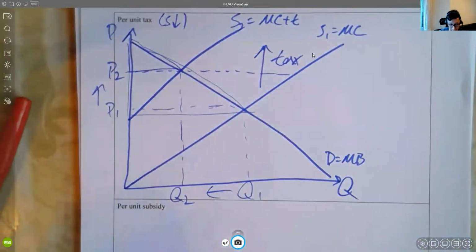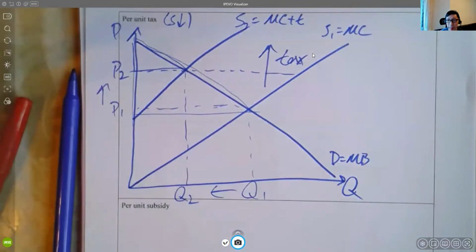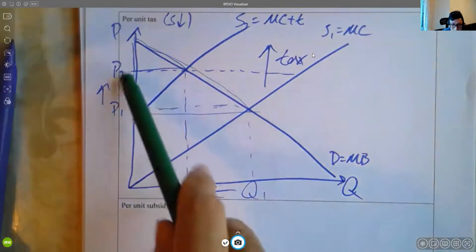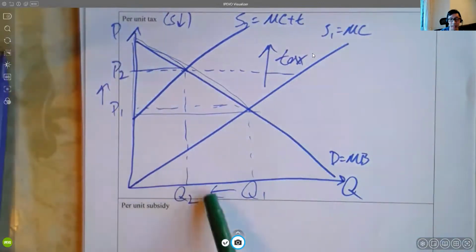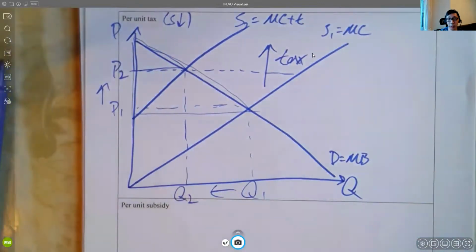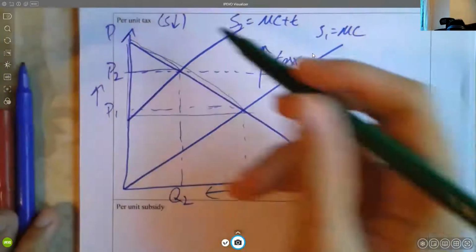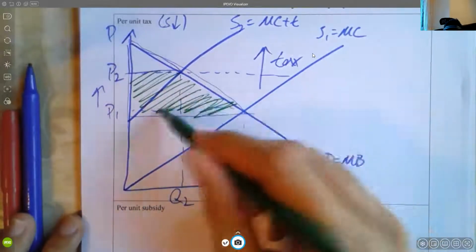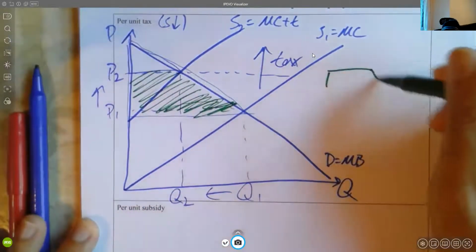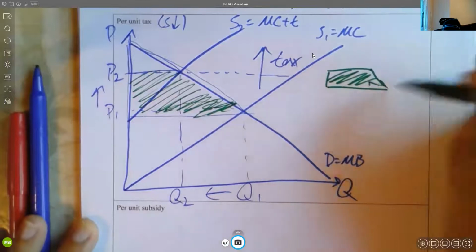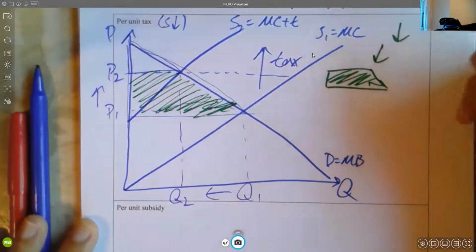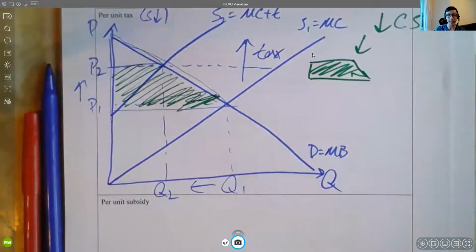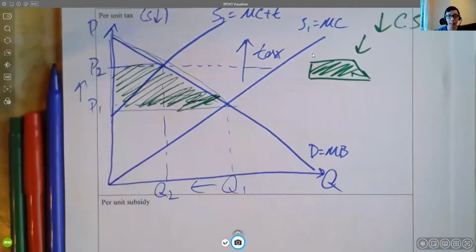Let's draw it in another way to make it easier for everyone to see. Because of the increase in price and the decrease in quantity, you will see this green part is actually a drop in consumer surplus. This is the part where CS dropped. Okay, I think this one is easier.